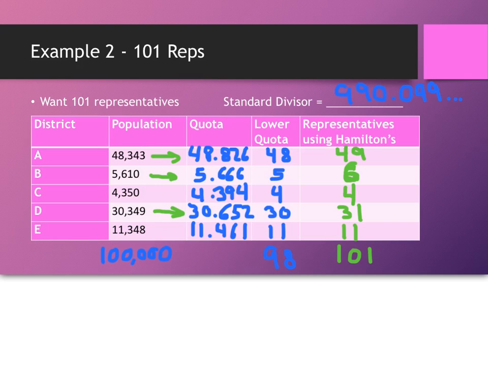Now there's something that happened here between these same populations on this slide versus the previous slide when we had 100 representatives, and I want to point that out.